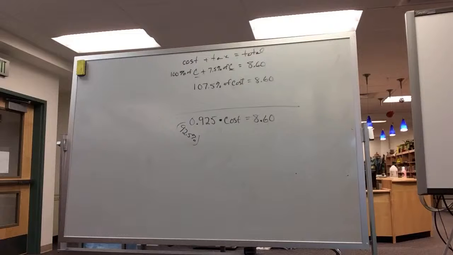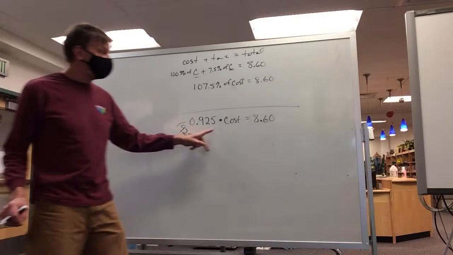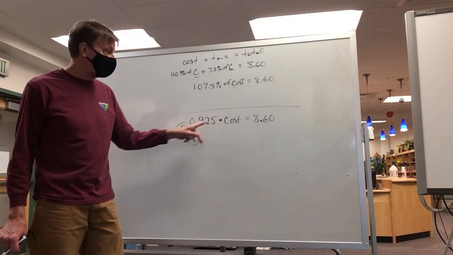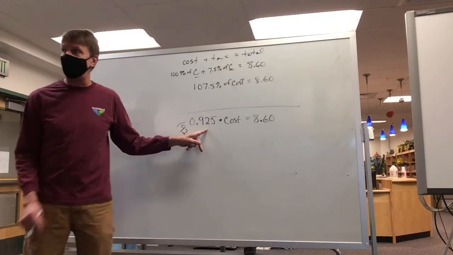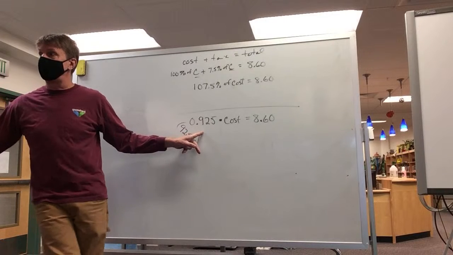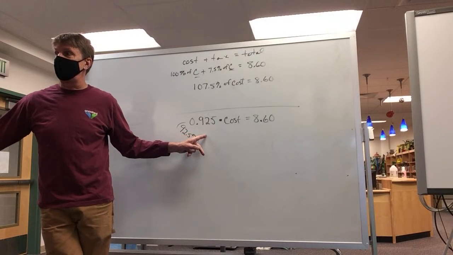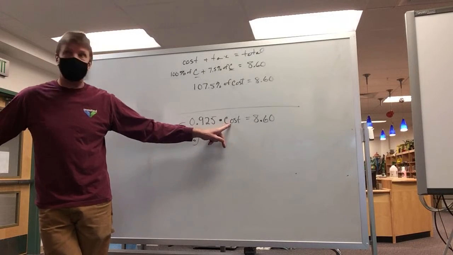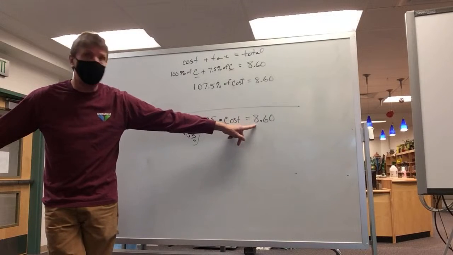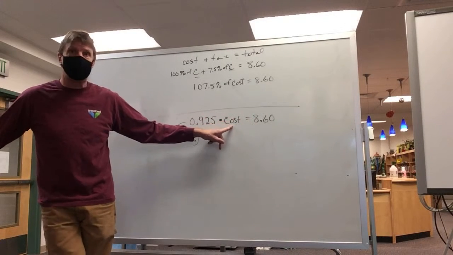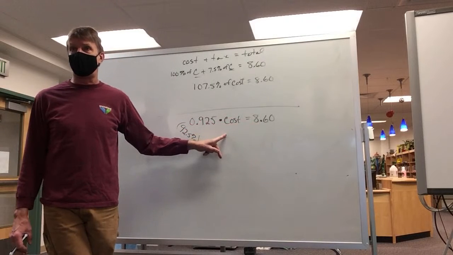You're shaking your head. I mean, the 92.5%, I can see that. That comes from the 7.5 taken off of the 100. So if you multiplied a number less than 1 by something and you got 8.6, does this number have to be bigger than 8.6 or smaller?